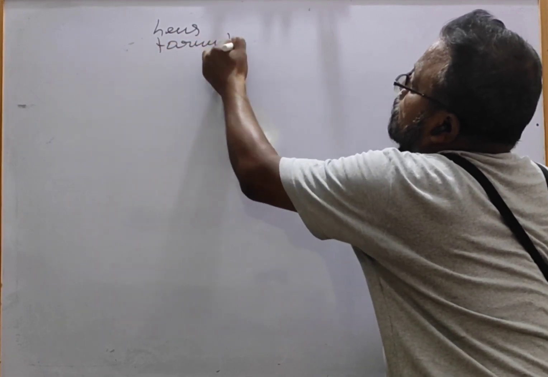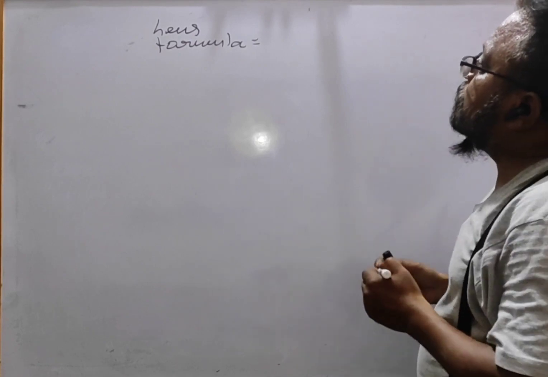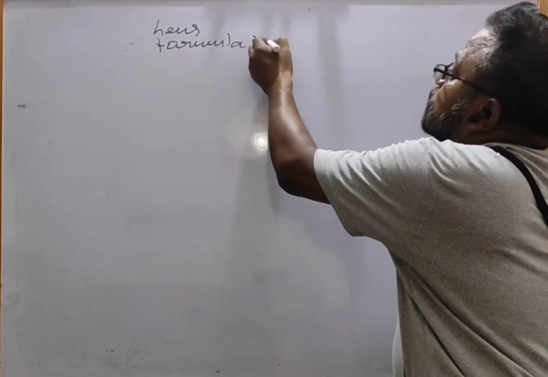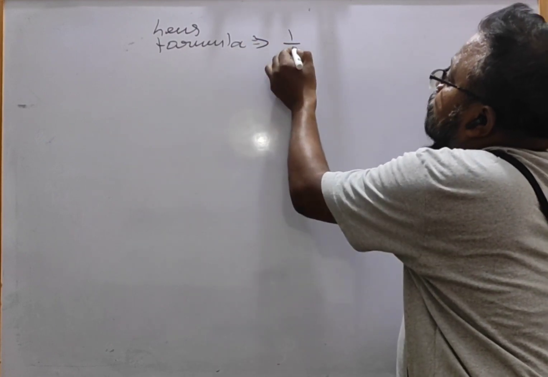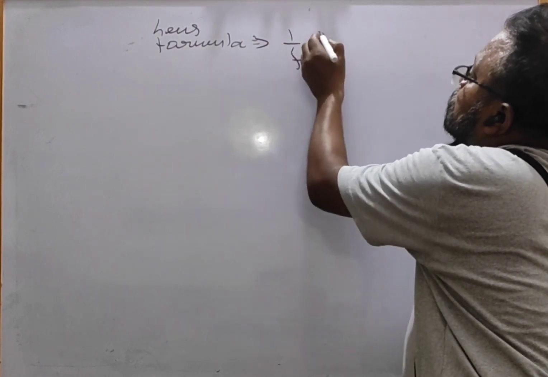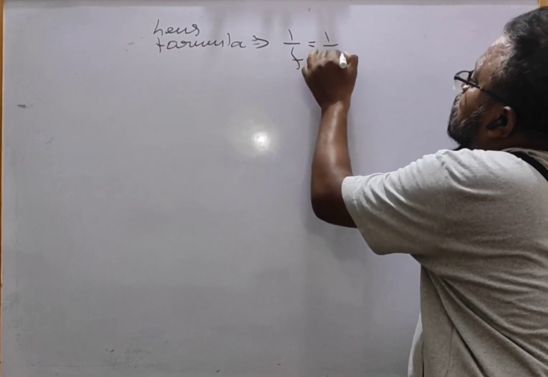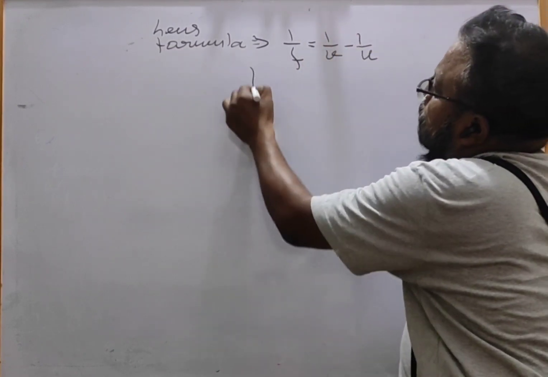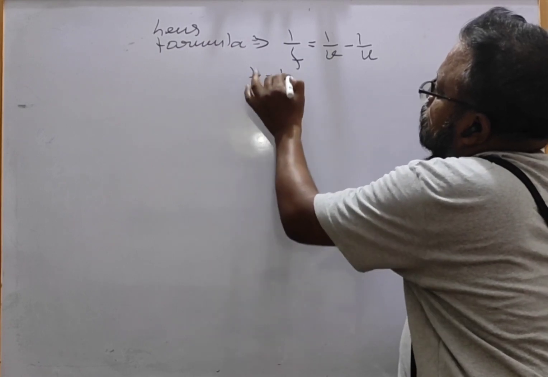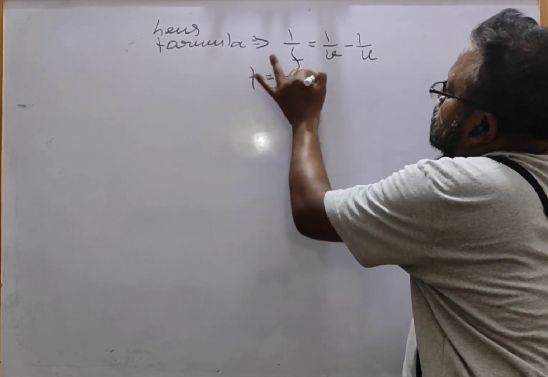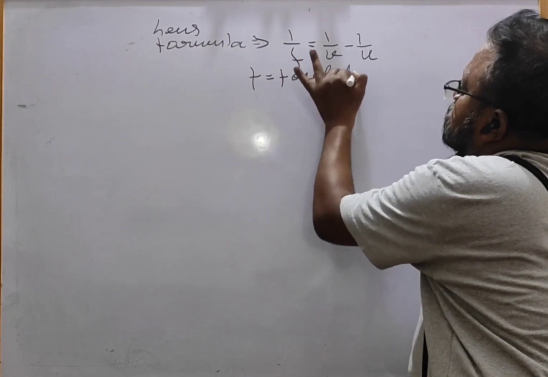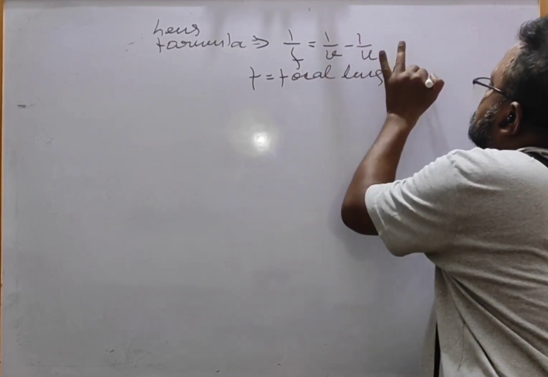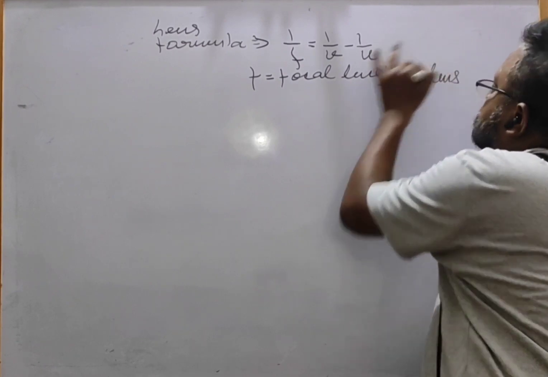Lens formula is 1 upon f is equal to 1 upon v minus 1 upon u, where f is the focal length of lens, right?